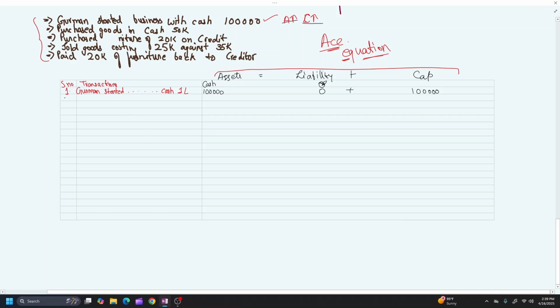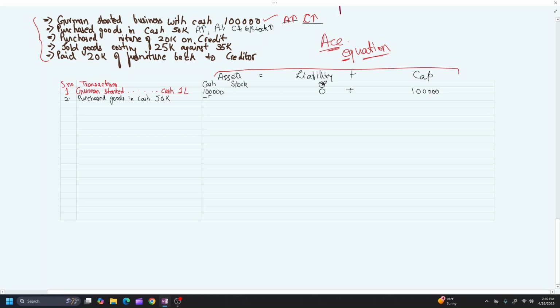Now second transaction. Purchased goods in cash 50k. ठीक है. तो इसमें क्या हुआ? Your one asset is increasing, another asset is decreasing. Means cash तो decrease हो रहा है, but goods, or you can say the stock, is increasing. So you will write one more column here of stock.